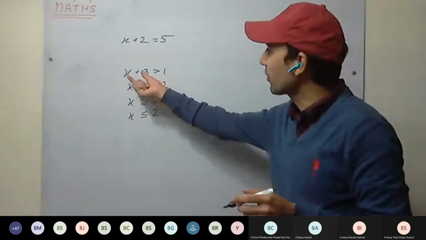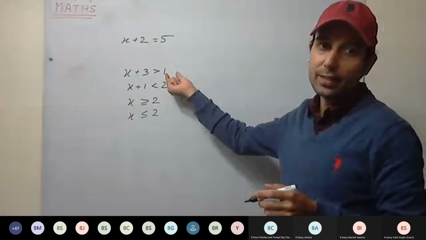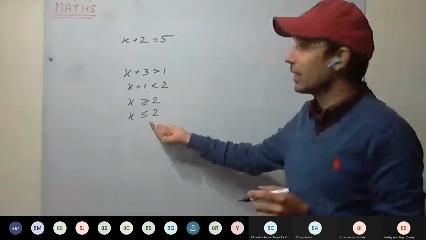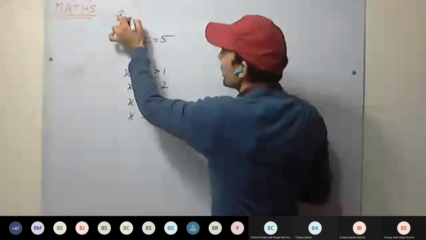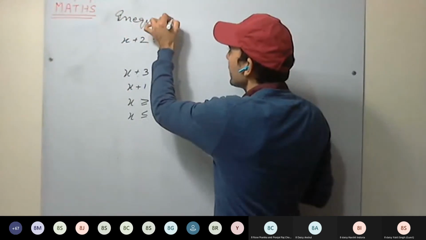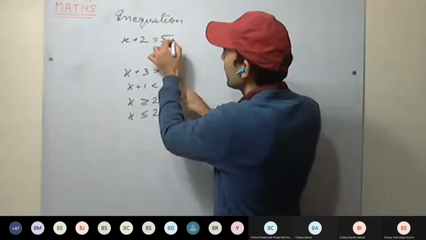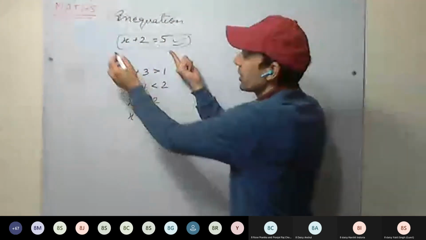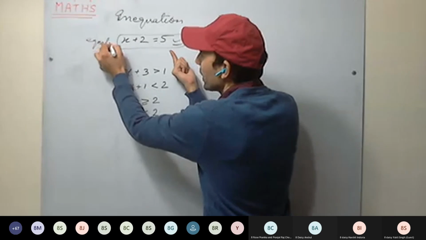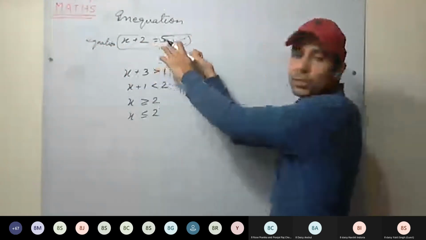So they are not equal. The left hand side is not equal to the right hand side. These are inequations, or inequalities. They are not equal. Here it is equal; these are equations, where we equate the left hand side to the right hand side.